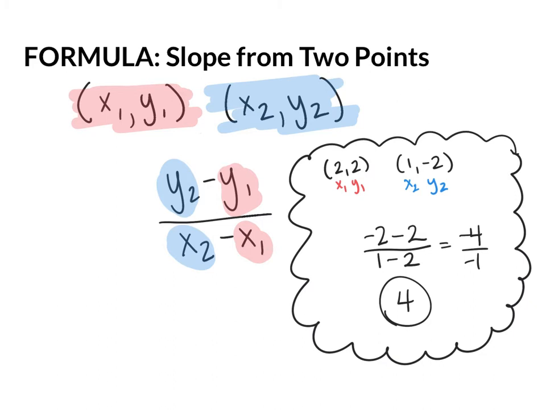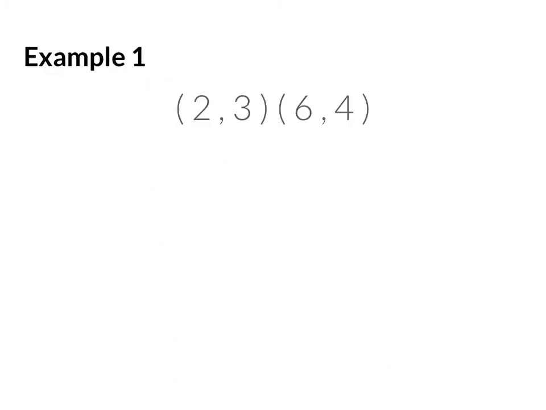Here's our first example that we're going to be putting into our notes. We have 2 points. We have our first point, so x1, y1, and our second point, x2, y2. I'm going to write my formula, y2 minus y1 over x2 minus x1, and then I substitute my numbers in.